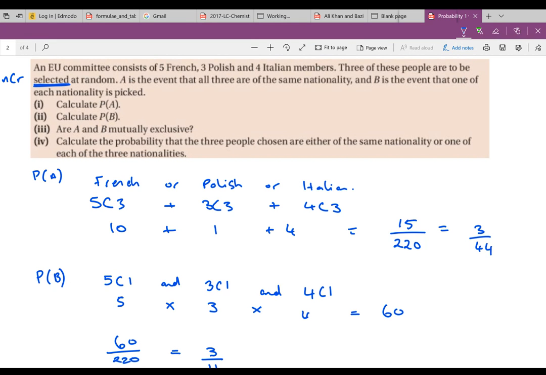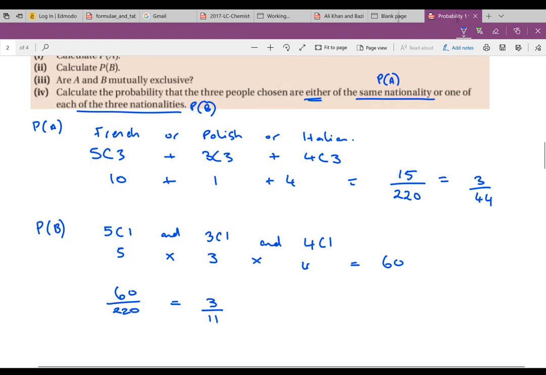Then it says, IV, calculate the probability that the 3 people chosen are either the same nationality, so probability A, or one of each of 3 nationalities, which was probability B. So they're one or the other, so that means they have to be in the set.